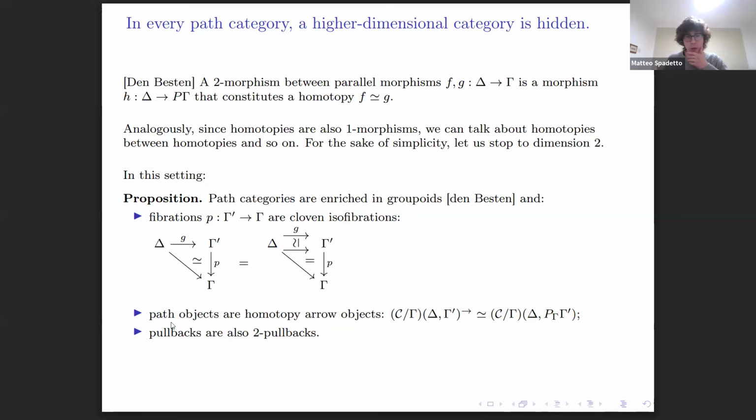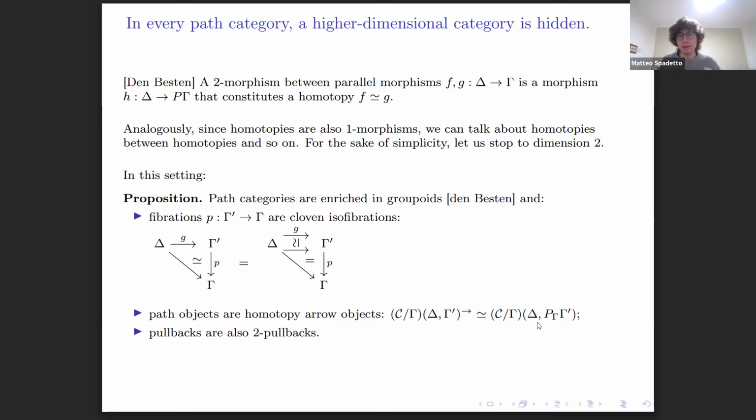A second condition that you can observe is that path objects are in fact homotopy arrow objects. Whenever you have a two-dimensional cell from delta into gamma prime, here I am considering the category of the arrows in this slice category, which means the objects are two-dimensional cells into gamma prime.